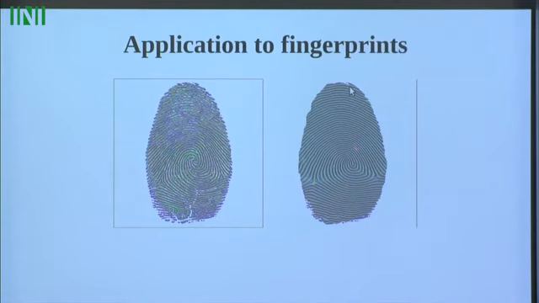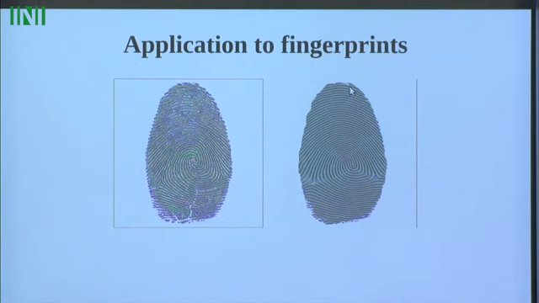So you can see that this is a clean version of this one, and moreover, in order to obtain this, you have very few parameters to define such a shape. So it's a way to compress fingerprints.